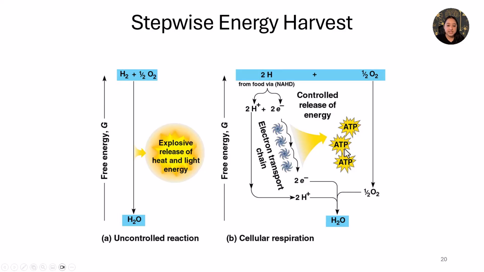And then in the process, we're capturing that energy in the form of ATP. It's not our goal to make water. The goal is to capture the energy in ATP, and then we just happen to make water.